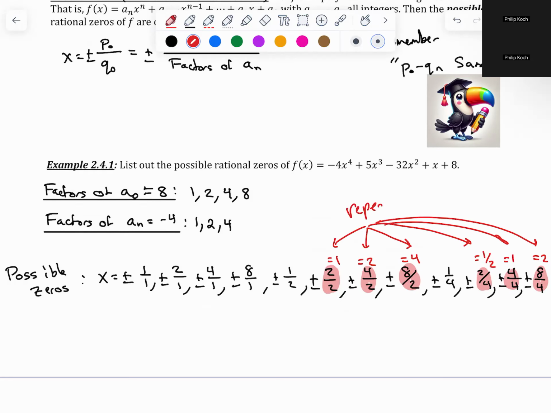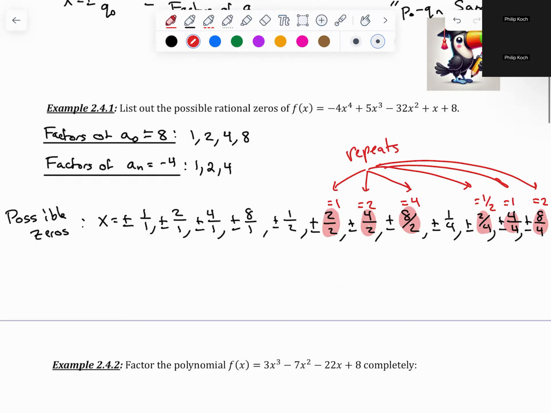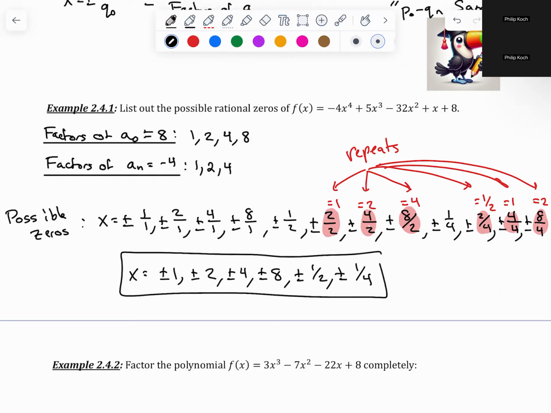So these are all repeats. The actual list is going to be x equals plus or minus 1, plus or minus 2, plus or minus 4, plus or minus 8, plus or minus 1/2, and plus or minus 1/4. If I type this on Alex, it should accept it, right? Yes. I believe you have to put the plus or minus each time, unfortunately.